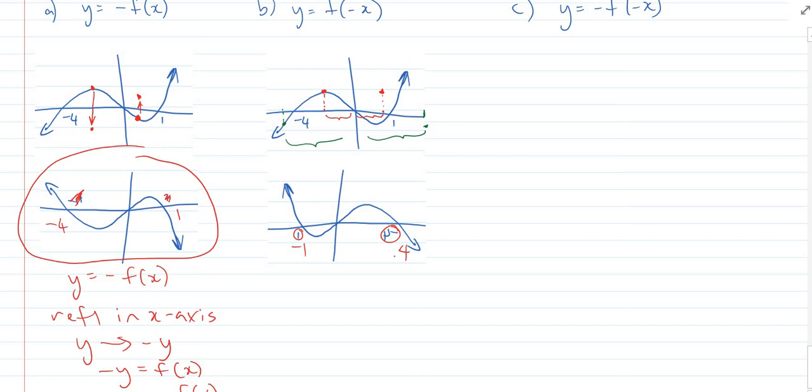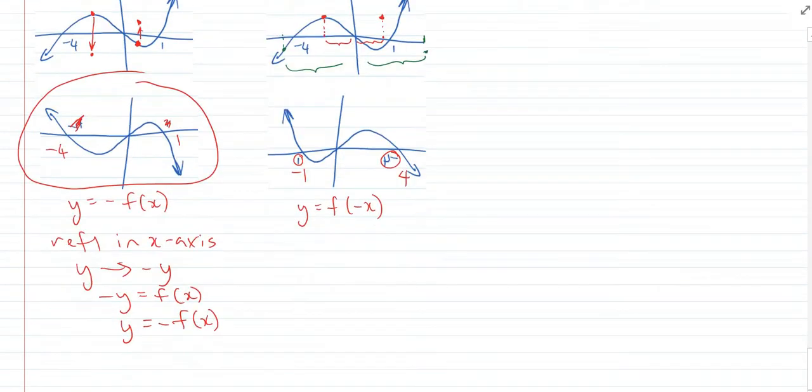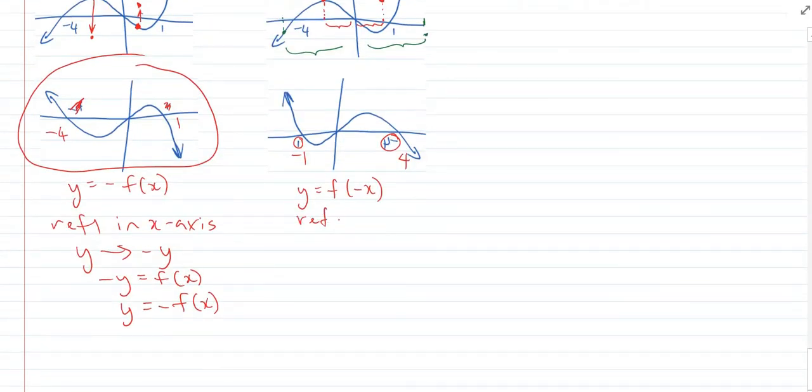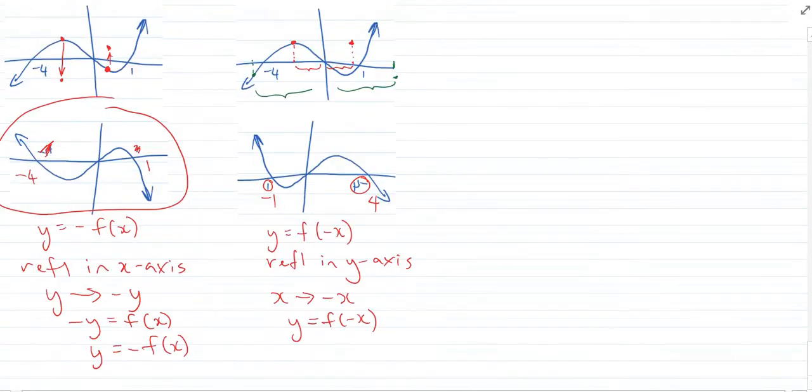So that's our graph now. That's y equals f of negative x, and it's a reflection in the y-axis. And it was created by x being replaced with negative x, so that instead of y equals f of x, you've got y equals f of negative x, which is what we were asked to draw.